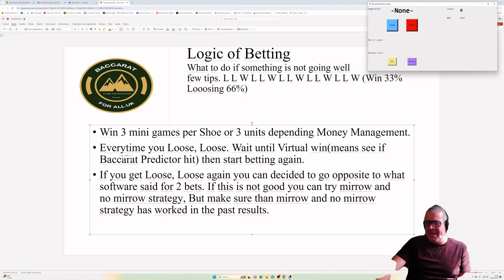These things are more about you. If you want to win one unit for every shoe, perfect. In my case, I play Poker Star, where you have like 10, so you can make 10 units. It's exactly the same, 10 units in different shoes or 10 units in one shoe.